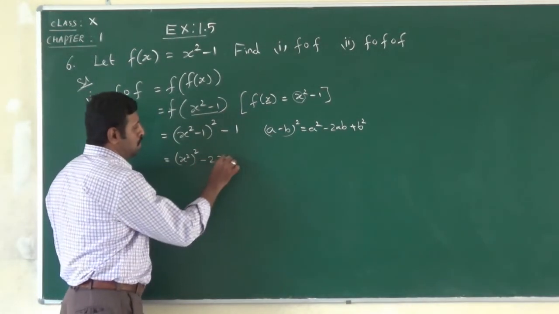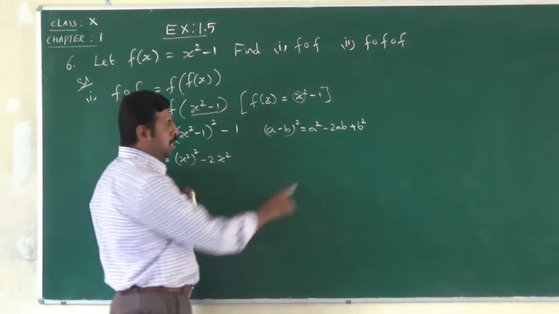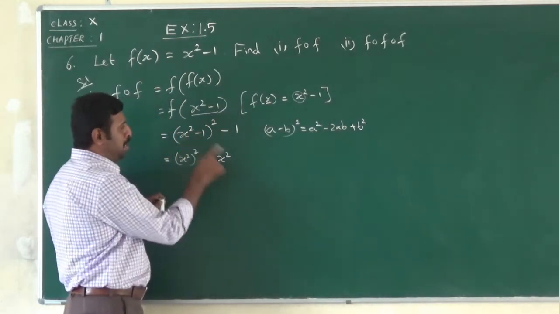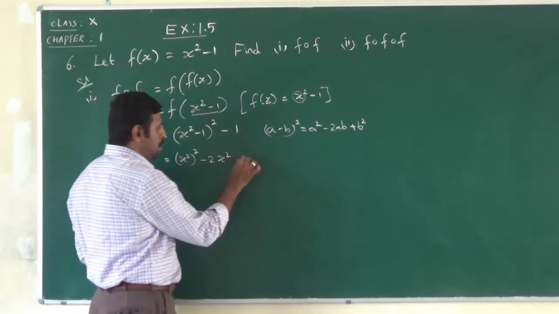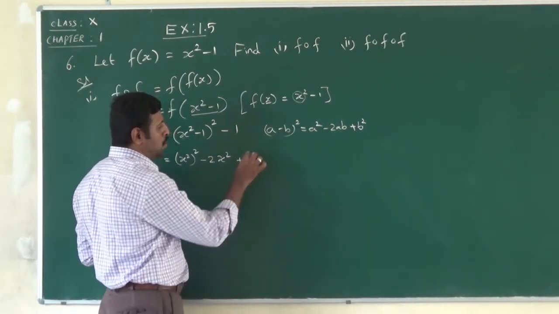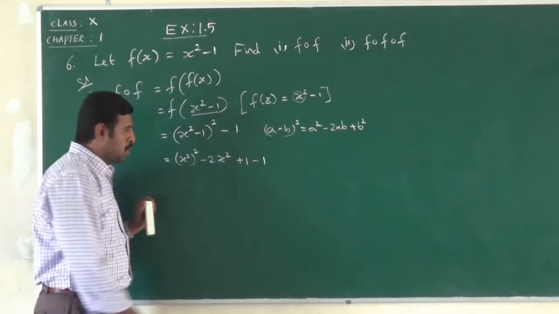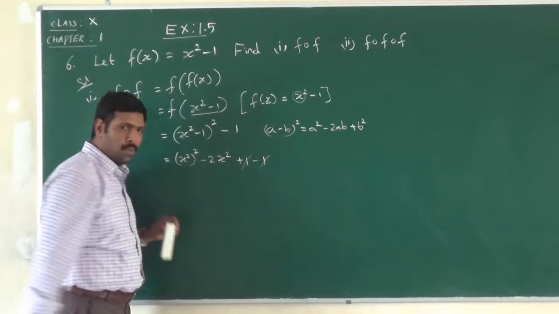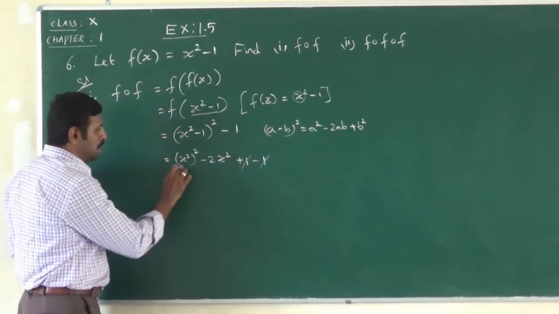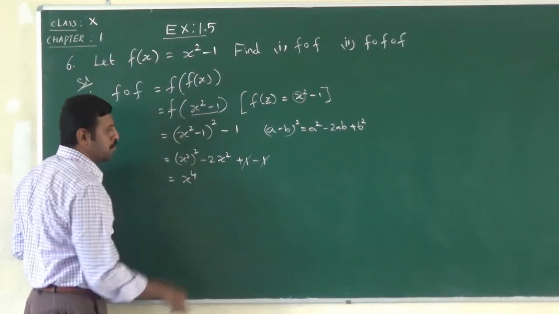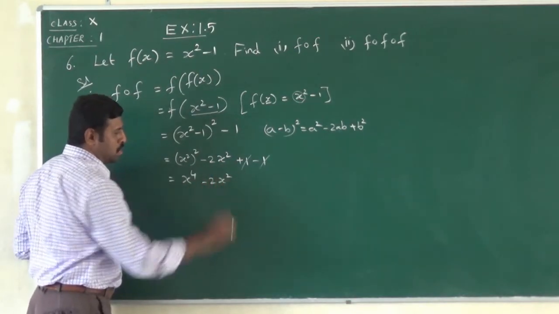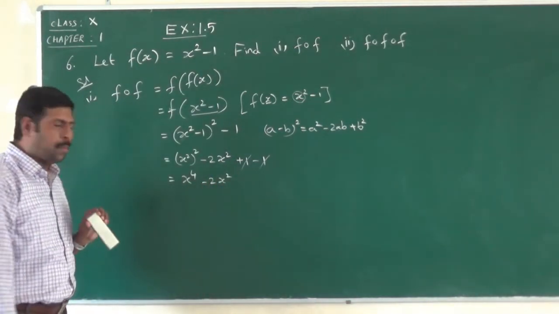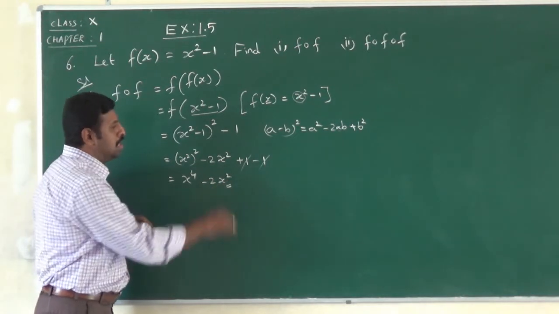Minus 2 times a into b. A value is here x square and b is 1. 1 into that number is 1, plus 1 square is nothing but 1, minus 1. So plus 1 minus 1 both are cancelled. So we have here x power 4 minus 2x square. x power 4 minus 2x square is the answer.